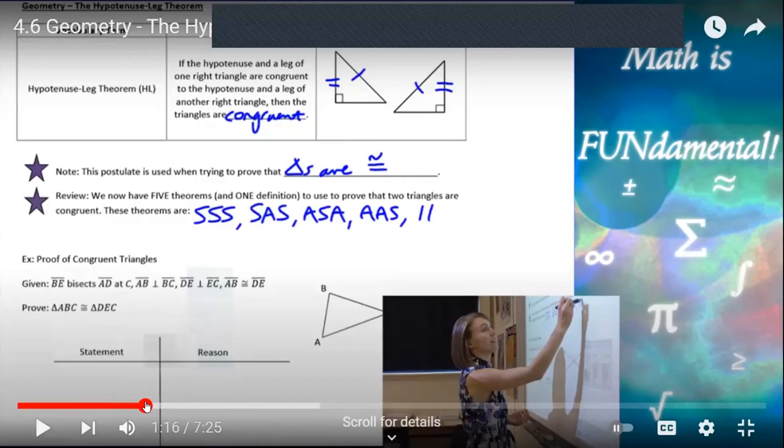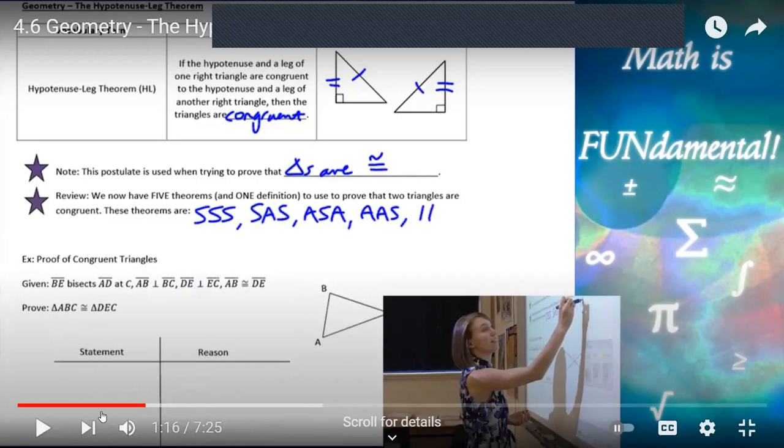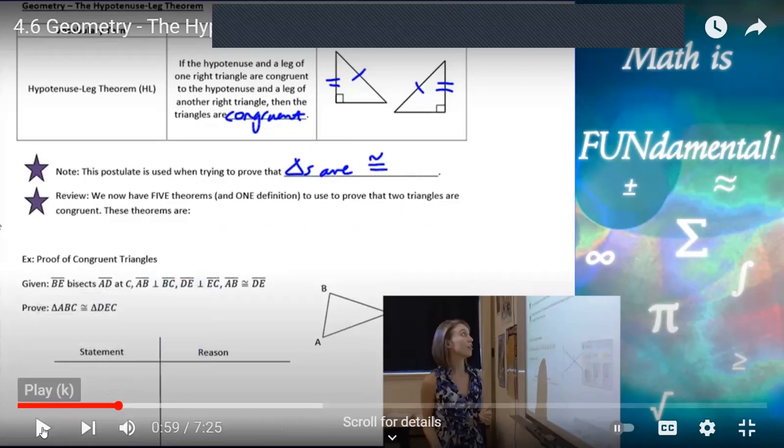So you have this theorem, and one definition to use to prove that two triangles are congruent.